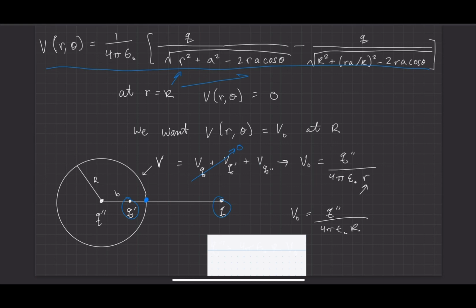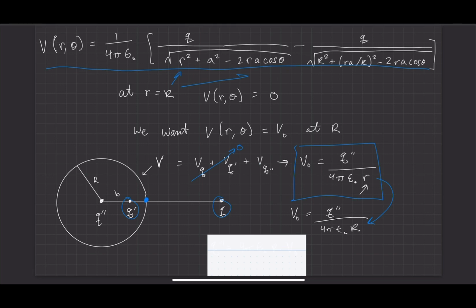So if we solve for that potential, we find that it's equal to this, and since we place that charge at the center of our sphere, r is just equal to the radius of the sphere. Since we're talking about the surface of the sphere, that's where we want the V naught to be located.